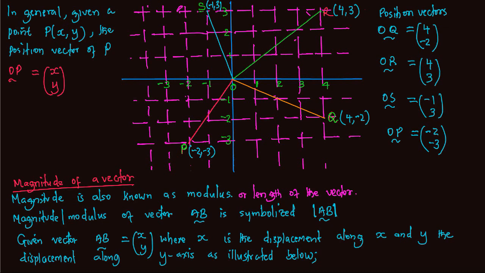Given vector AB, the modulus of the vector is symbolized AB with two lines. So that is the modulus or the magnitude of a vector.